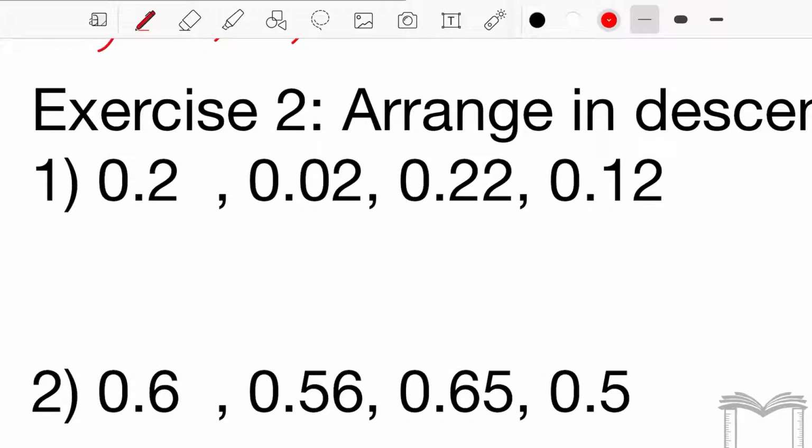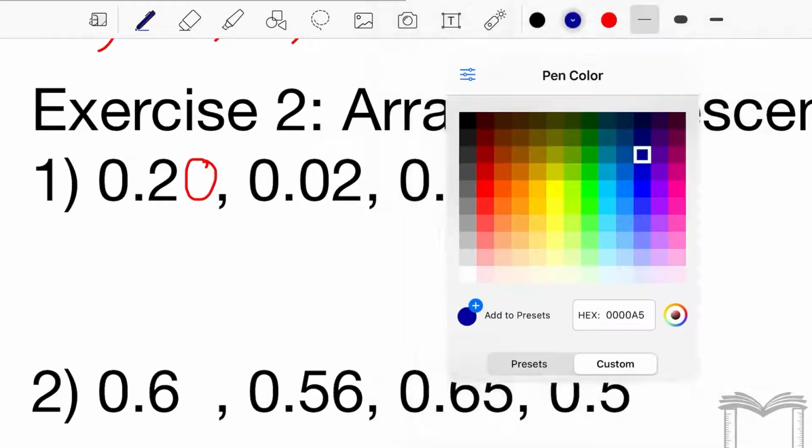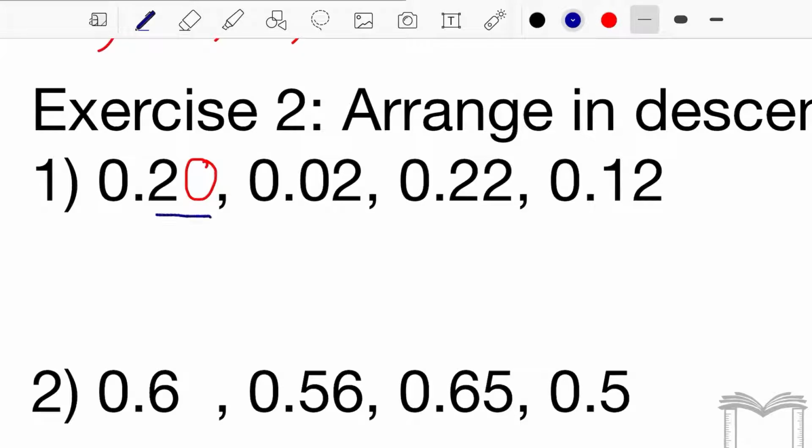So we will add a 0 to the end of it, which doesn't change its value, by the way. 0.2 has the same value as 0.20. So now we can look at all the digits. So we will look at them like this: 20, 2, 22, and 12. It's much easier to put those in order.